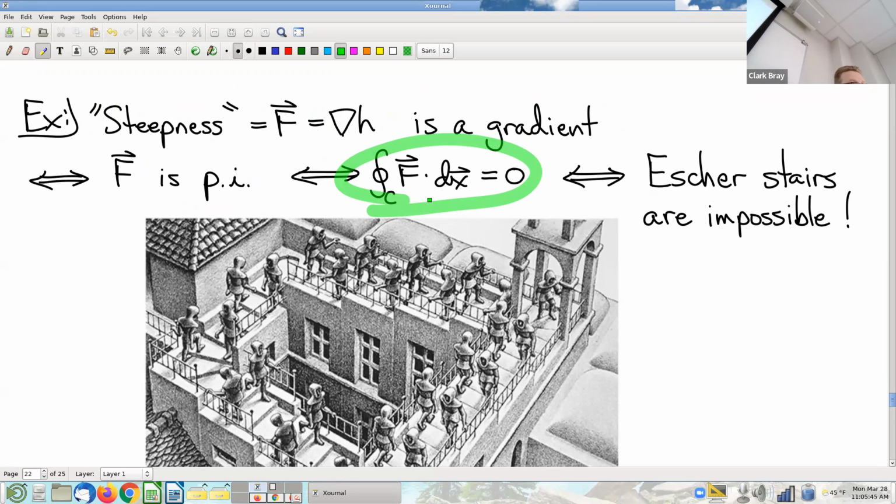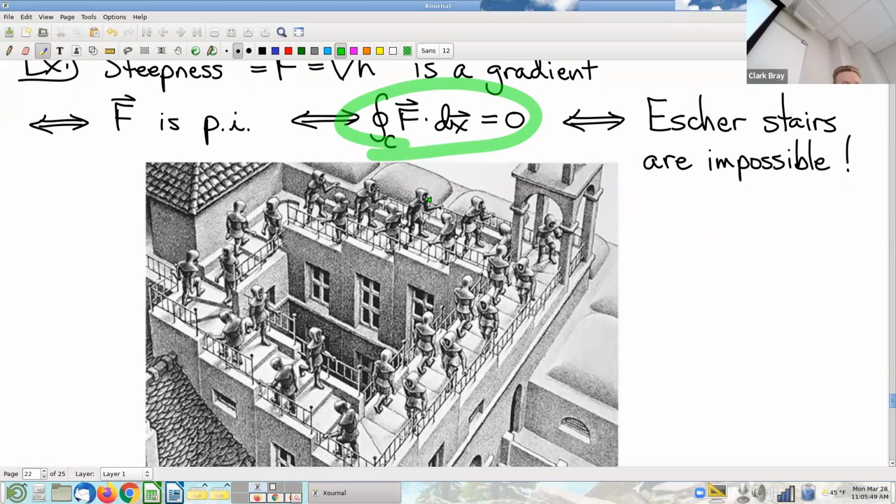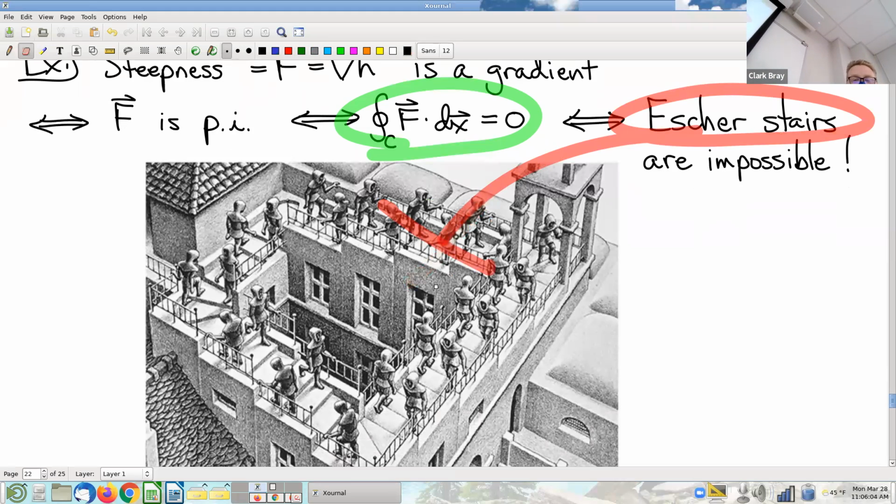And that's what's being violated here. So the line integral of the gradient of the altitude function must be 0 because of path independence, and Escher's picture violates this rule. And so that's why Escher stairs are impossible.